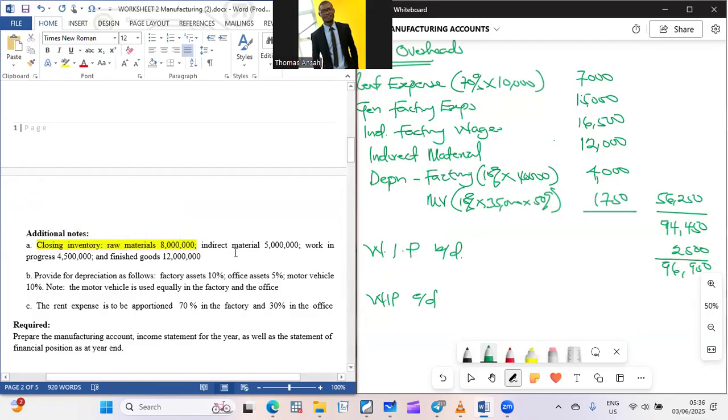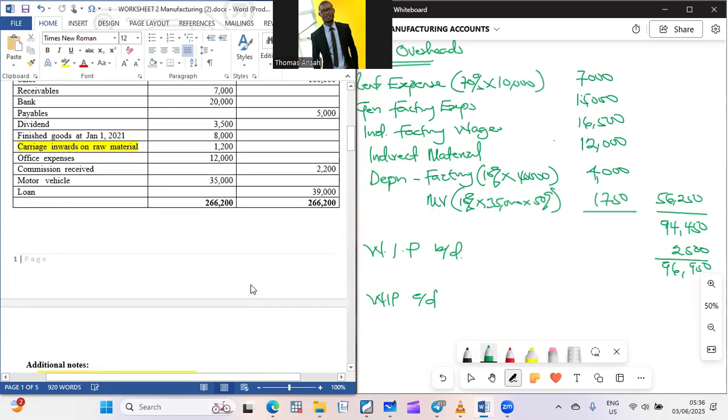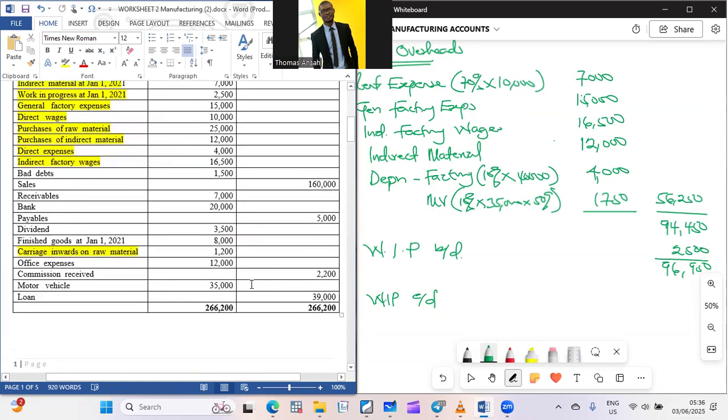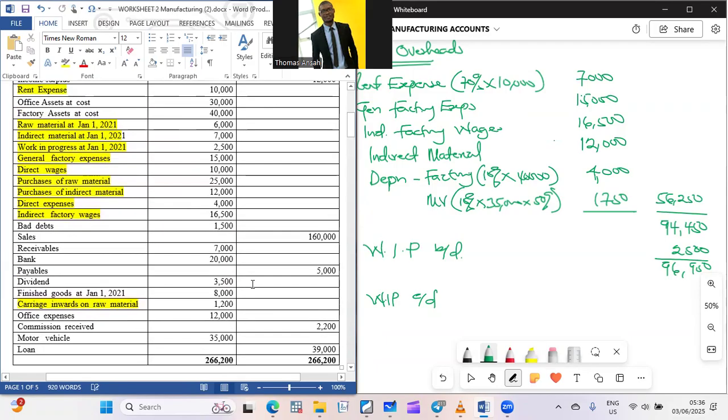Did we use the indirect closing stock of indirect material? Did we use that? But I'm seeing in that, wow, we did not bring in the closing stock of indirect material. So it means that we need to check it. So the indirect material too was here.